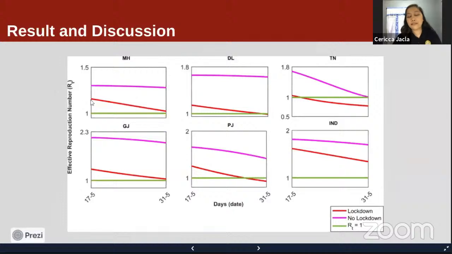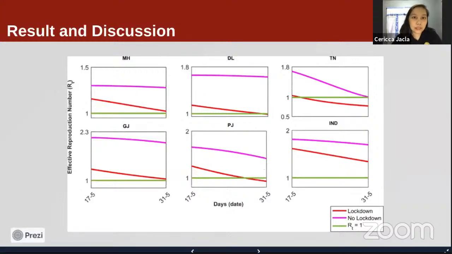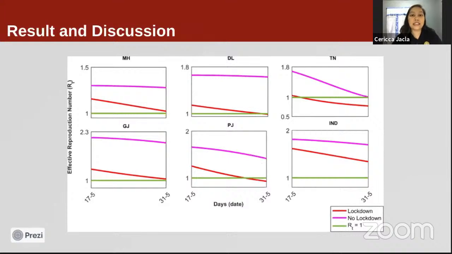If R sub t is less than 1, it means that the current situation is under control. However, if R sub t is greater than 1, then it is not under control.